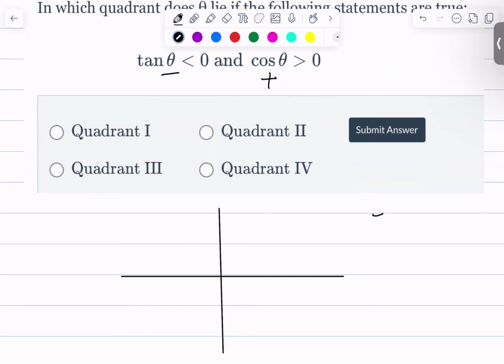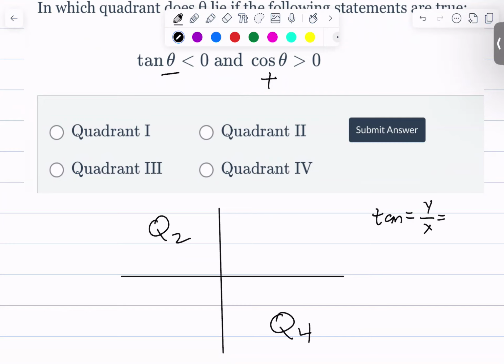Since tangent equals y over x, y and x have to have opposite signs, right? In order for that to be negative. What quadrants create opposite signs for x and y? 2 and 4. So quadrant 2 and quadrant 4.